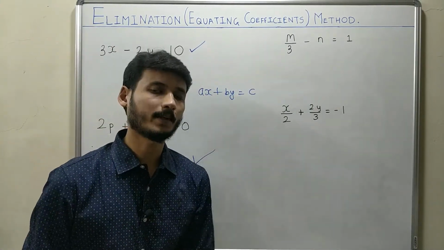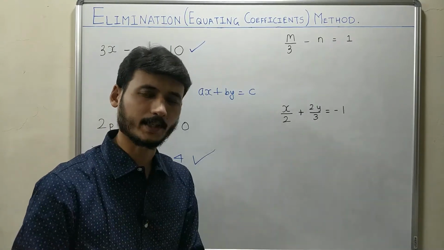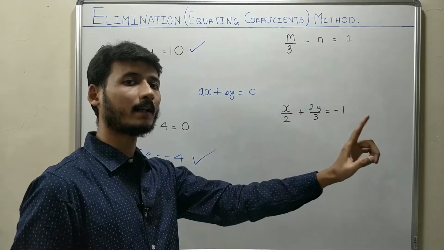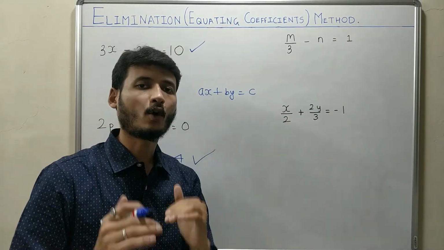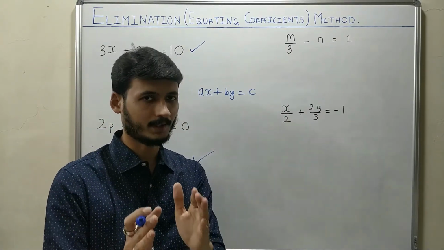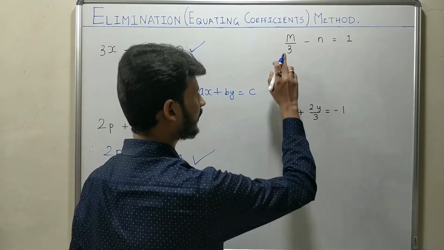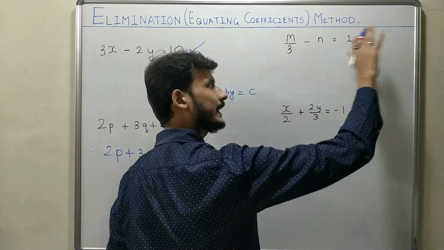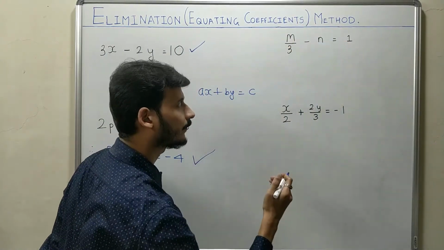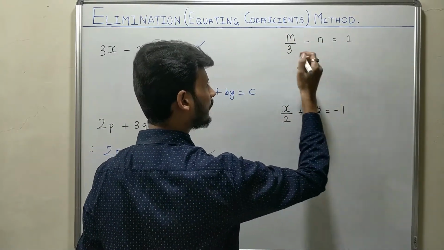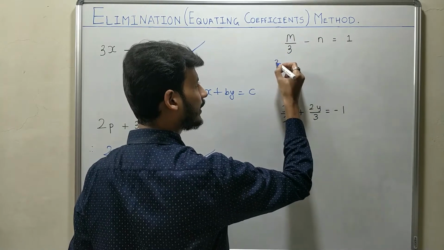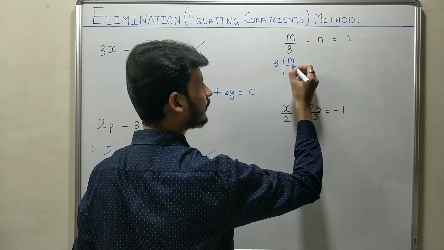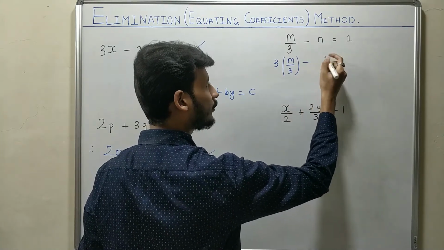Here, which is the denominator? 3 is the denominator. So let's remove it. How to remove the denominator? By multiplying the entire equation by the denominator itself. So we'll multiply the entire equation by 3. What do you mean by that? 3 into the first term minus 3 into the second term.